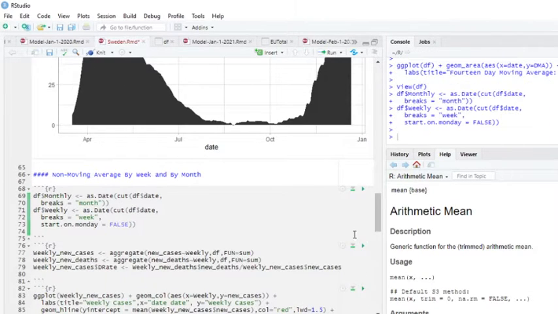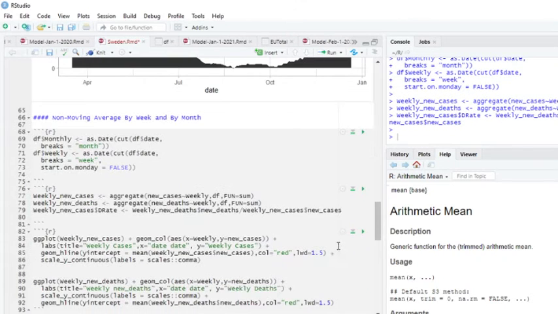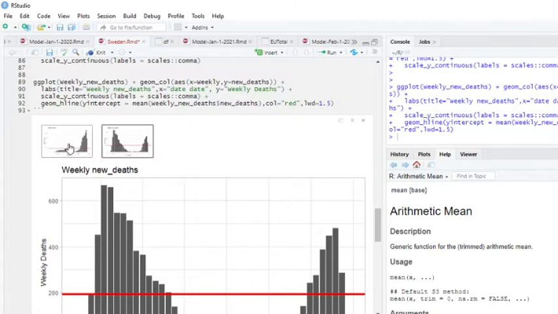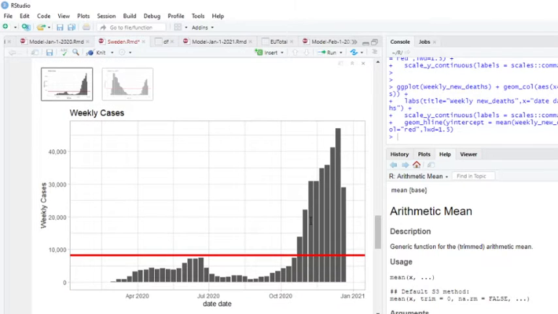Let's take a look at the weekly totals. What you can see here now, the weekly totals also take care of those weekend days, because this week runs Sunday to Saturday.